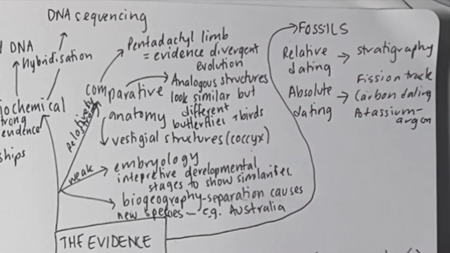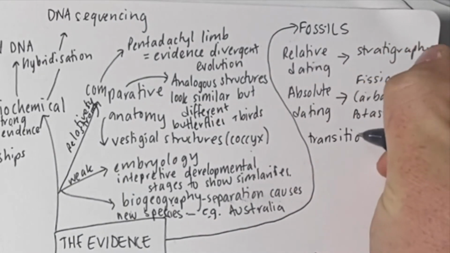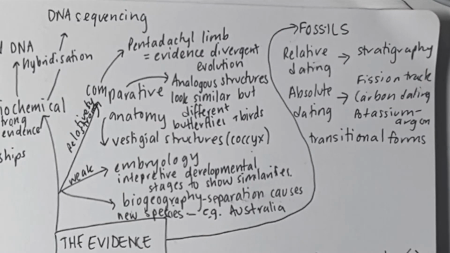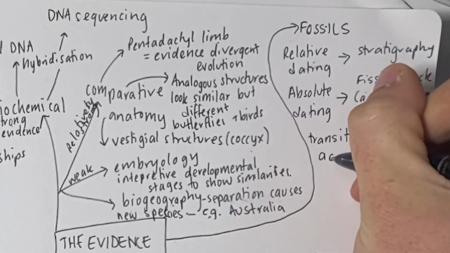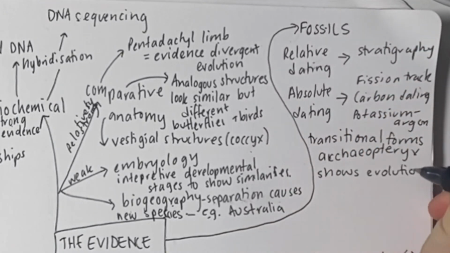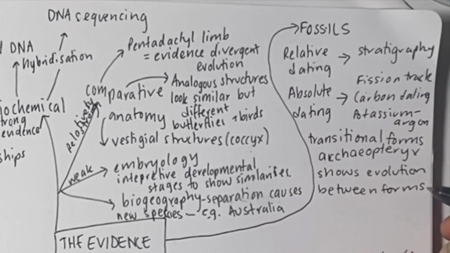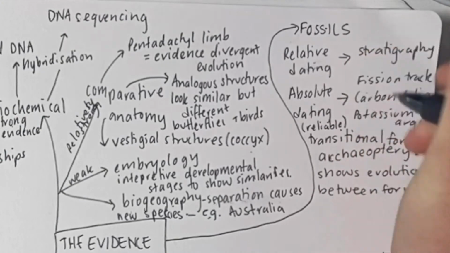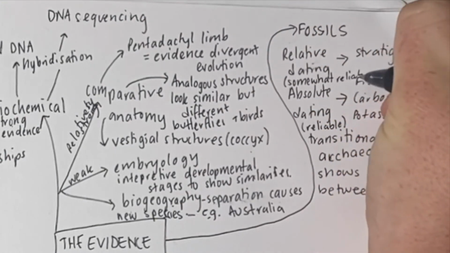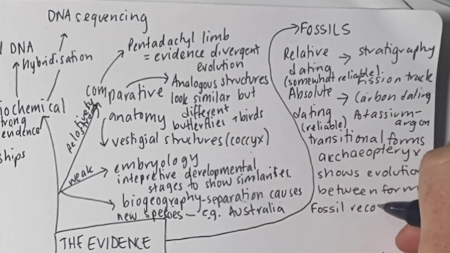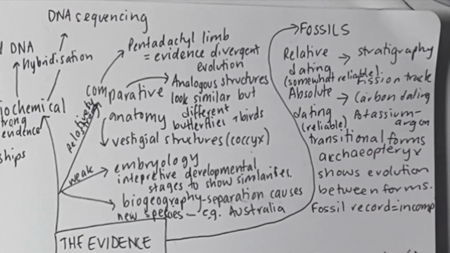The next is absolute dating, which includes carbon dating, fission track dating, and potassium-argon dating, and it is quite reliable. It relies on the half-life being measured within the sample to determine its age. Fossil records have also been used to demonstrate evolution as they show transitional forms. We looked at some examples of those in your notes. But the ultimate weakness of the fossil record is that it is quite incomplete.